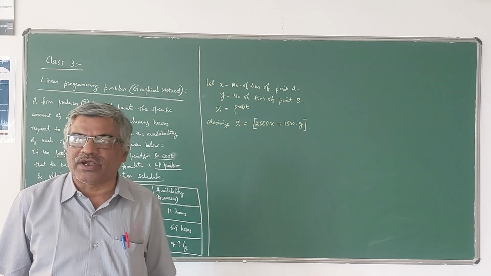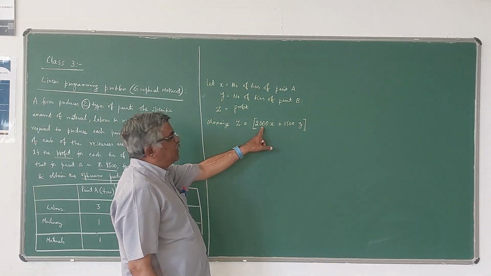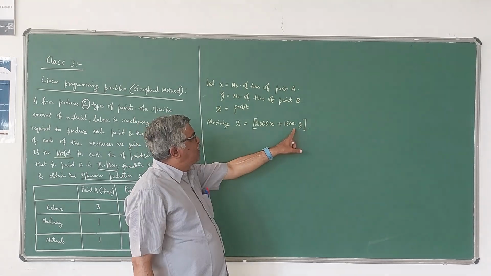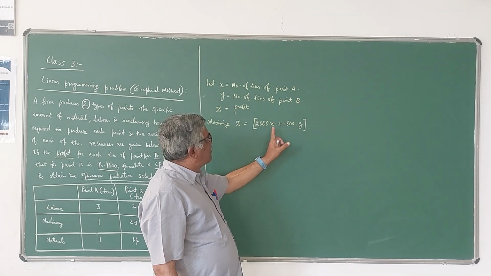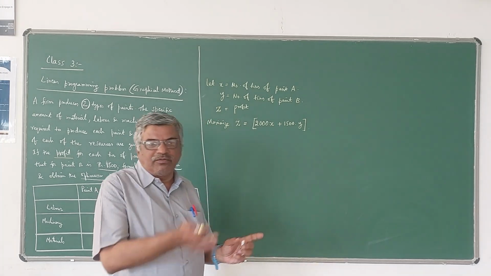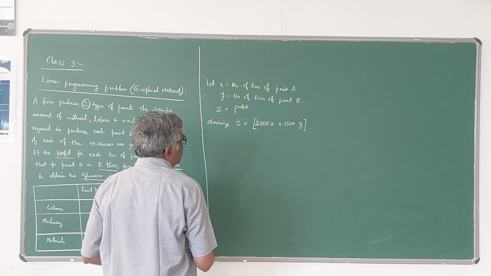Z is a function of both X and Y. For one tin of paint A, 2000 rupees is the profit. For one tin of paint B, 1500 is the profit. Once you find X and Y, then you can find the maximum value of Z, that is the profit.